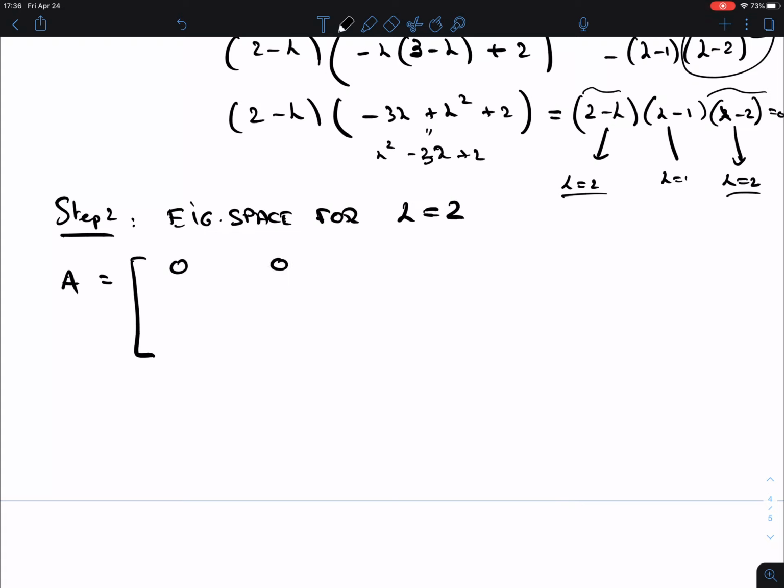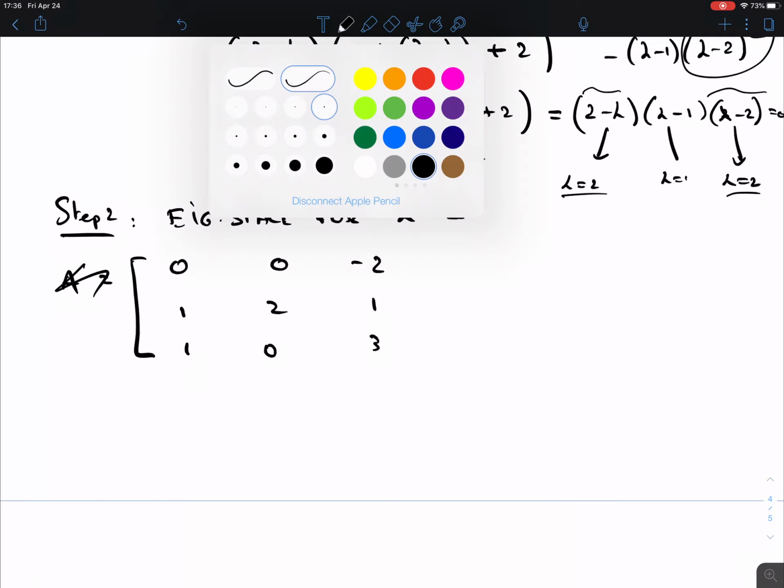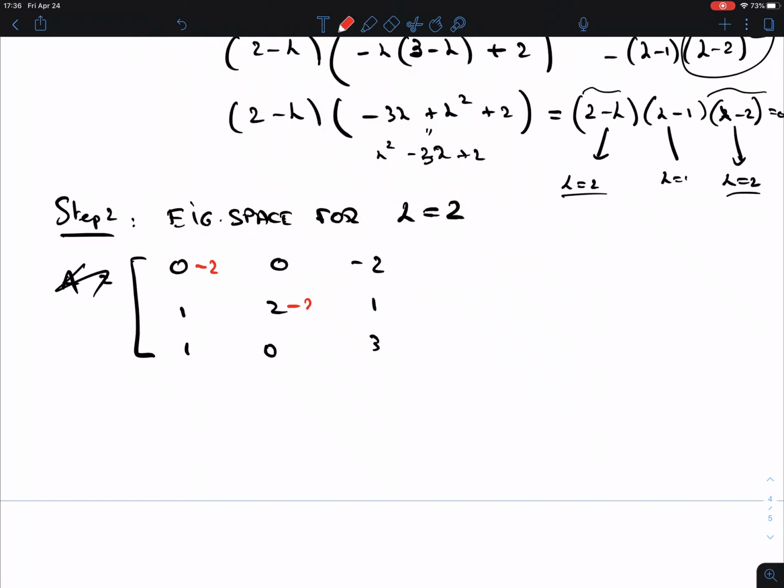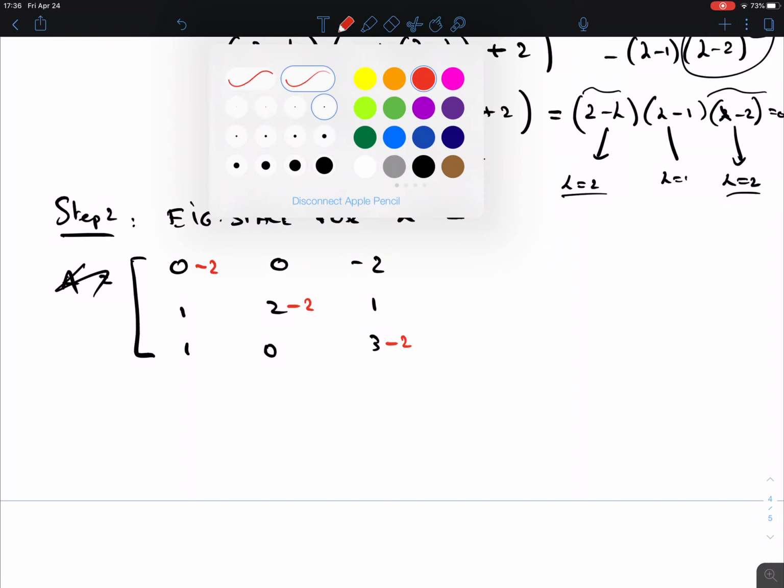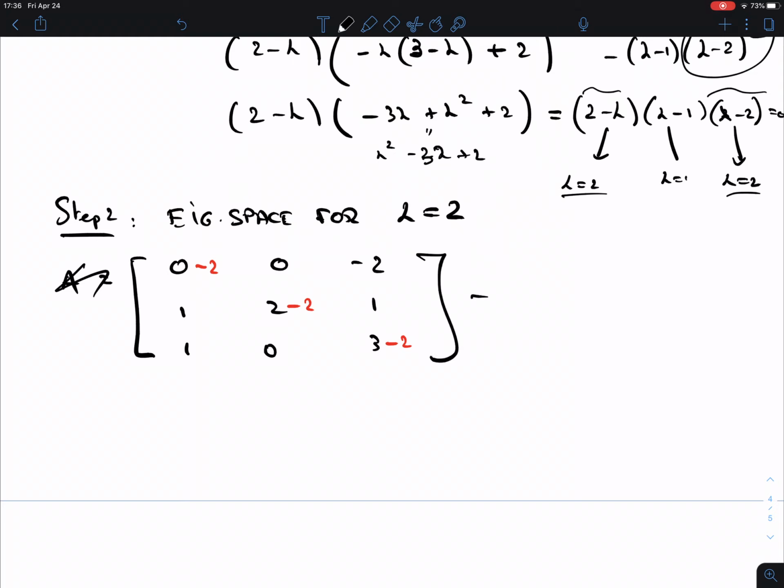A was 0, 0, negative 2, 1, 2, 1, 1, 0, 3. Now I'm going to subtract 2 from the diagonal. So what I get is negative 2, 0, negative 2, 1, 0, 1, 1, 0, 1.